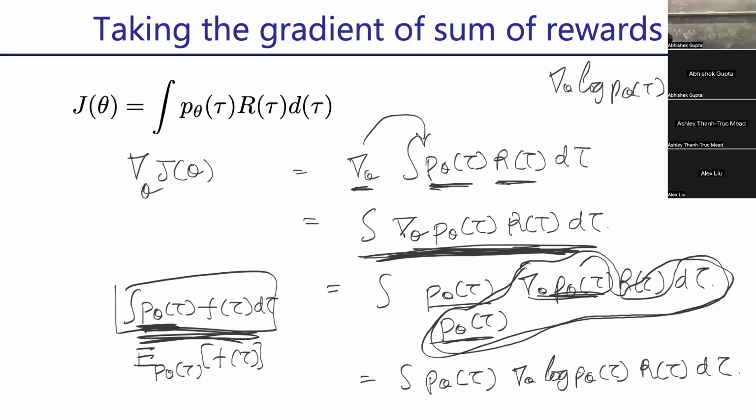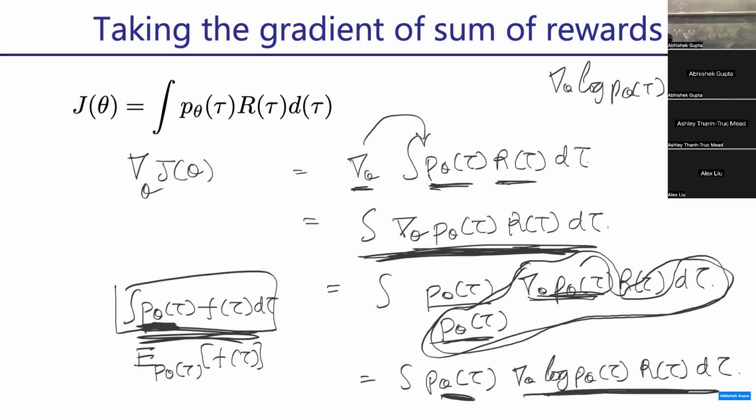And so what we did is we multiplied and divided, and then we used the fact that the chain rule told us that this grad theta p theta is the same as grad theta log p theta tau. Right? That's the trick.